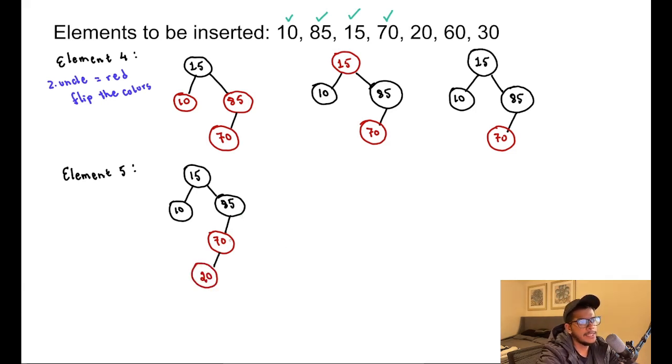If we see this, think about 85. 85 has got null node here. So 20 does have an uncle which is colored black, right? So then what we can see is that Z's uncle is colored black.